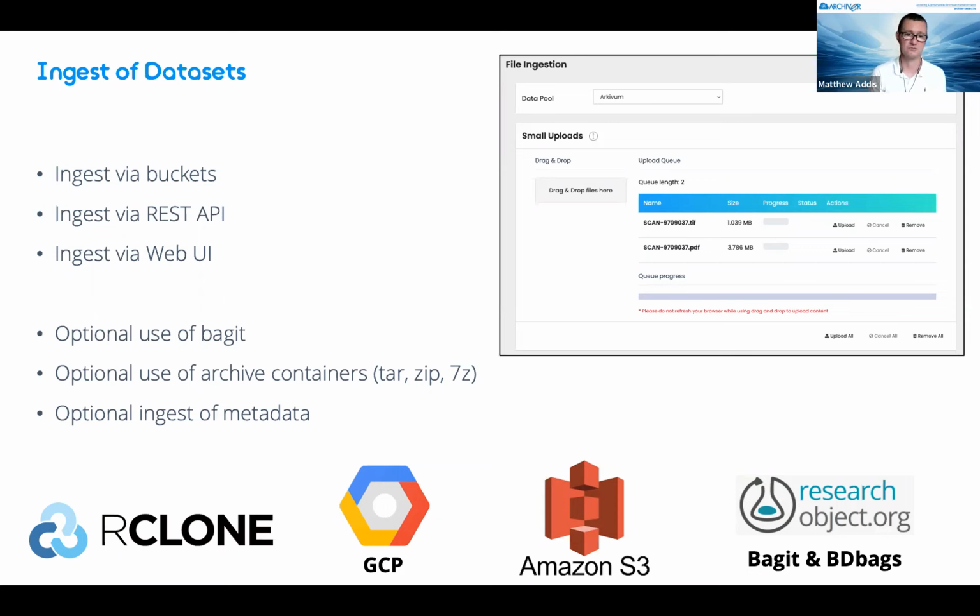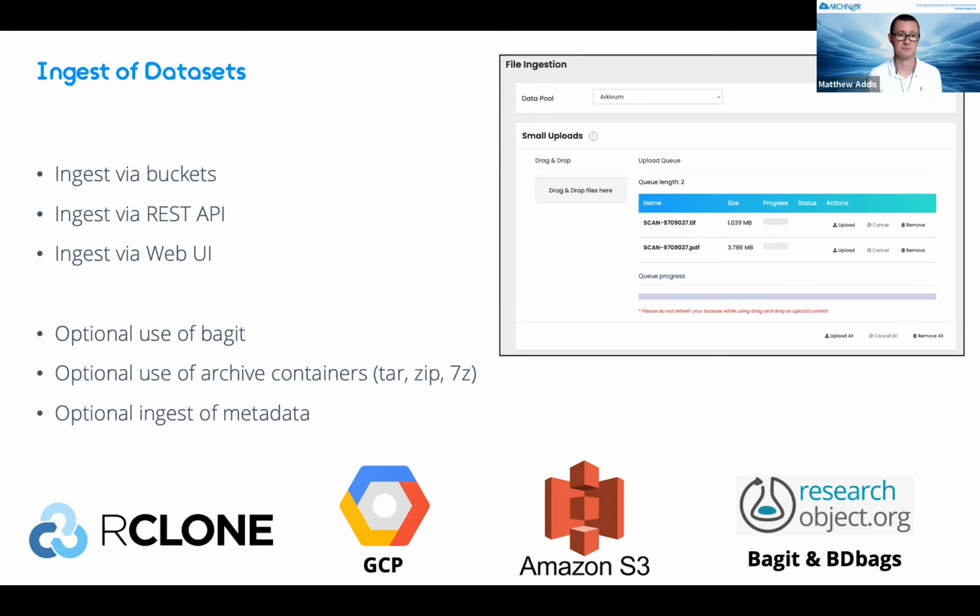You can do simple things like just ingest a bunch of files. If you want to put files in BagIt bags, then that's fine. We will take those and we will validate the checksum manifest for the bags when the content is ingested to make sure there's been no data corruption.